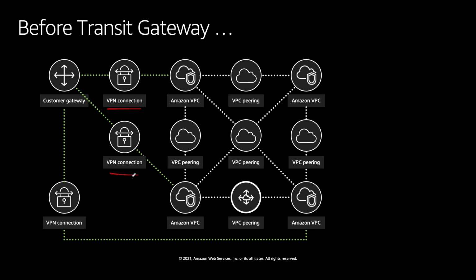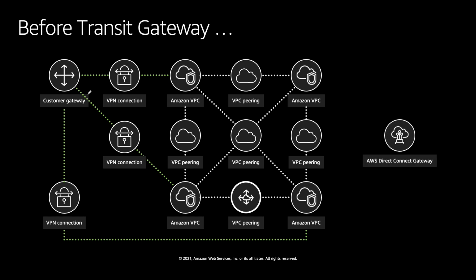As you can see, these are all different VPN connections to different VPCs in this diagram. It's quite complex, but this is how it is when you start off connecting on-premise infrastructure to your AWS VPC.